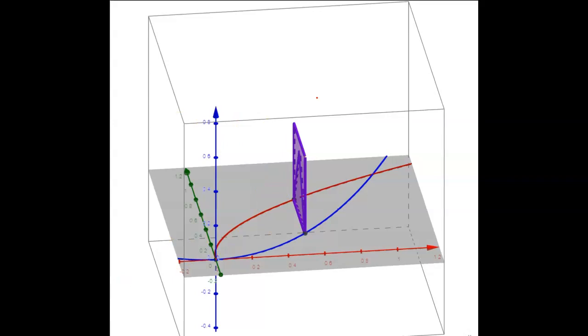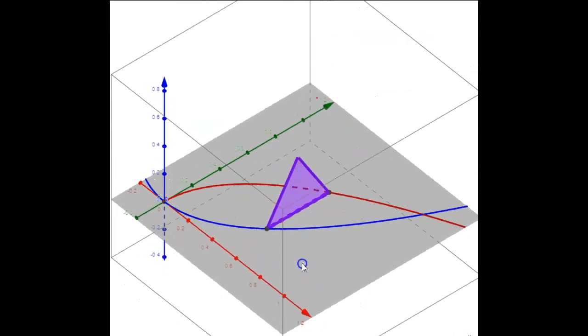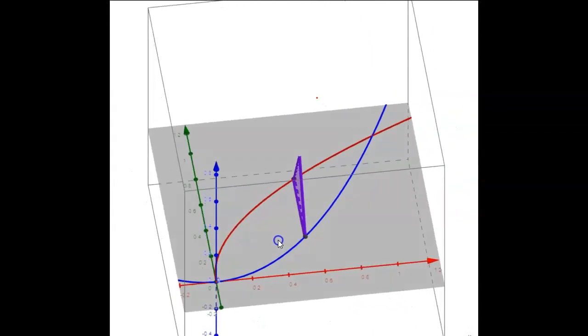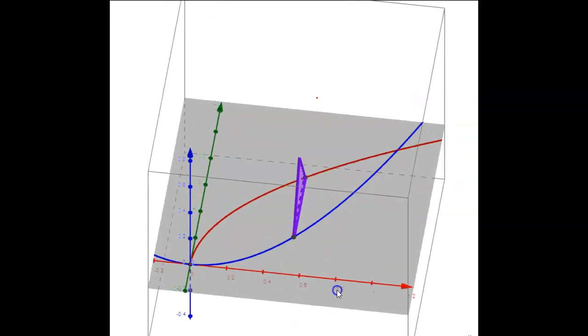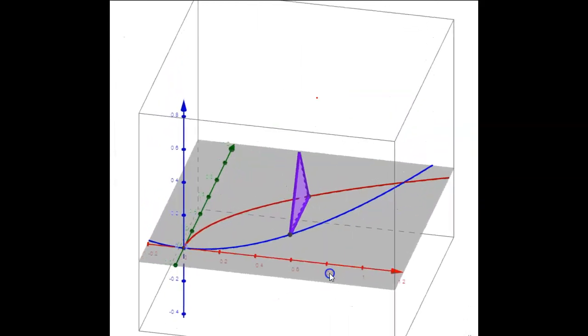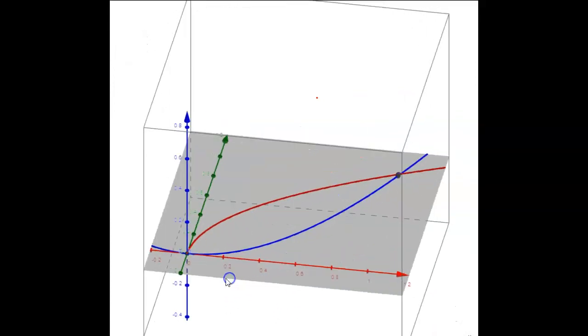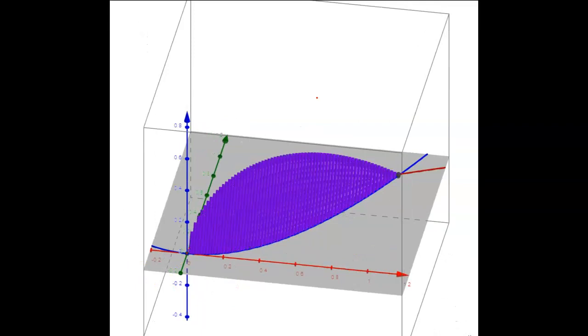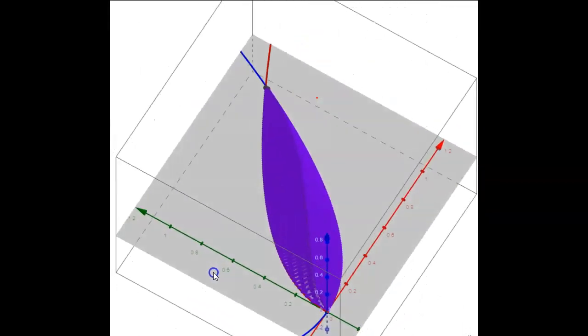I could put a triangle up there instead. See that? I can make the base, the distance between these two curves, I can make that the base of an equilateral triangle, for instance. And once again, I can put an infinite number of those on there. And I get a different looking three-dimensional shape as a result of that.